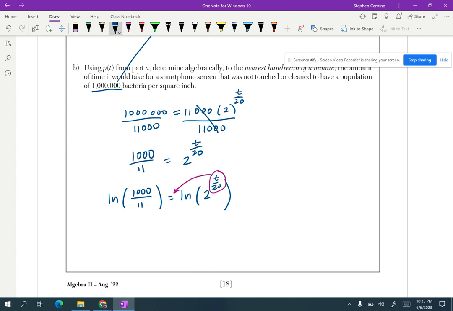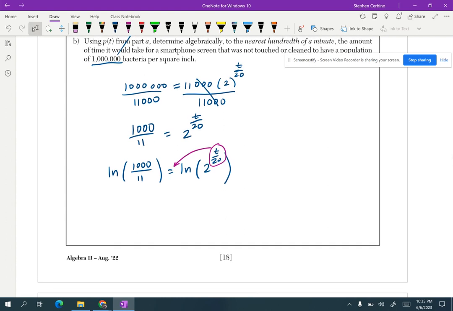Because we remember that if we have a logarithm with a power in it, we're using the power to power exponent property here. Because remember, logarithms are just exponents. So we could say the logarithm here of 1,000 over 11 is equal to t over 20 times the natural log of 2.